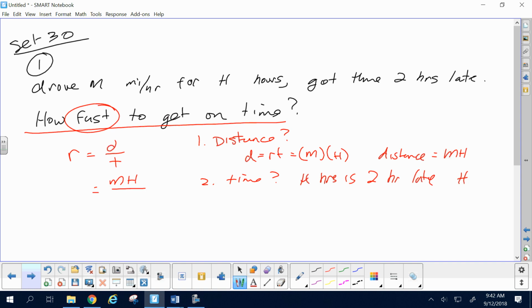Do I want it to take less time or more time? Minus 2. I need to do 2 less than the previous time to get there on time, right? So the time I need to hit is H minus 2. Well, there you go. There's your answer. Okay, so miles per hour, the units, but that's what went through my head. I can do it a different way if that doesn't stick. Does that make sense?